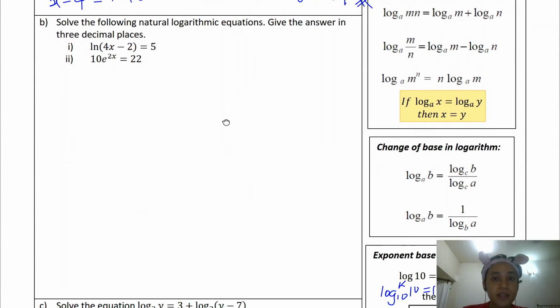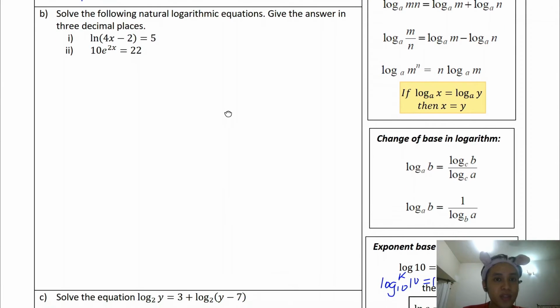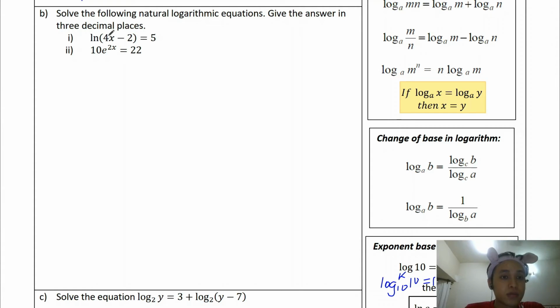Okay, so next is about this one. Solve the following natural log equations, answered in 3 decimal places. Okay, so here is ln. For this one, I know that I need to shift this to the other side. But there is no formula that says shift ln, no such thing, right?